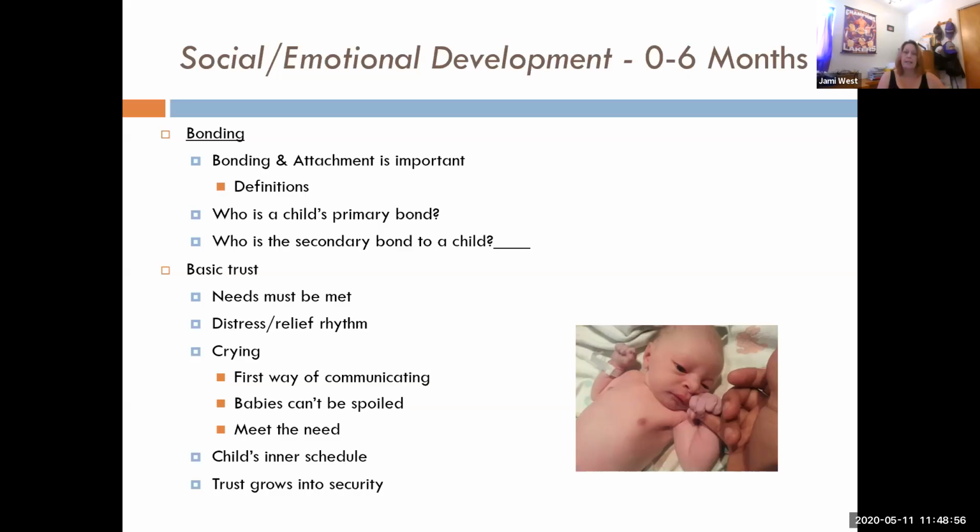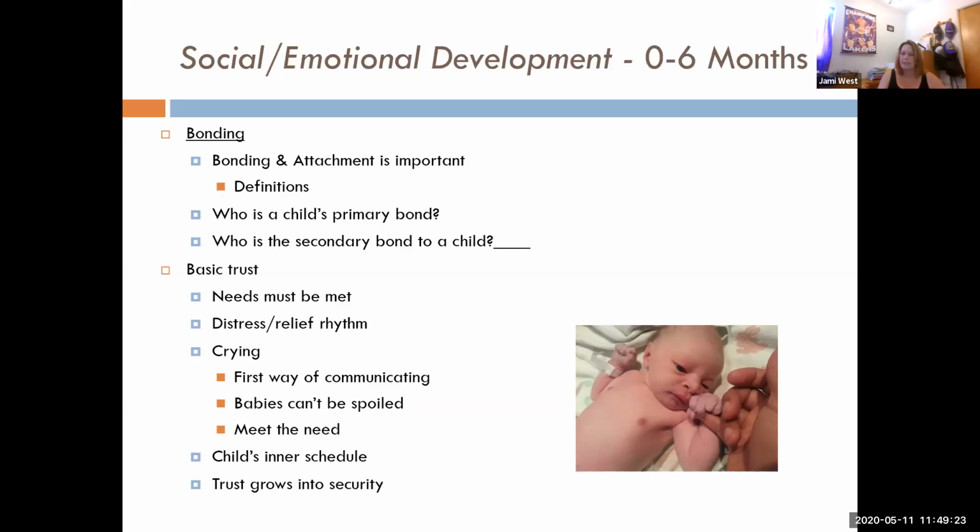So this is the progression of development, their social emotional development, 0 to 6 months. Also want you to understand that this development, this need for developing a bond and attachment and developing that basic trust, is ongoing.